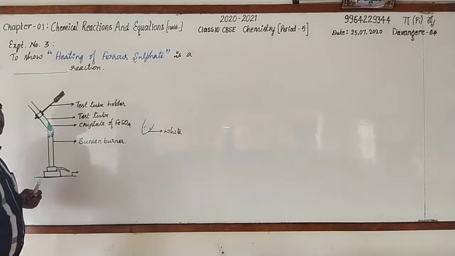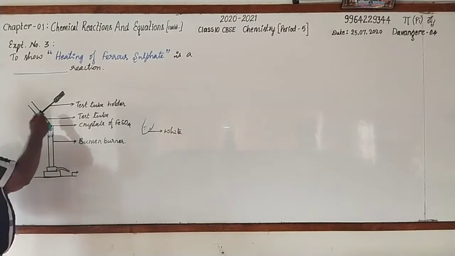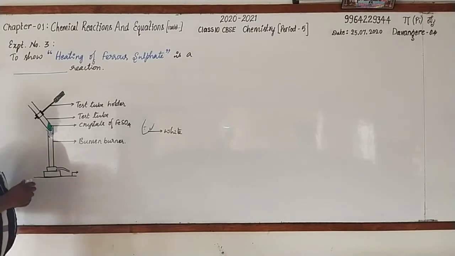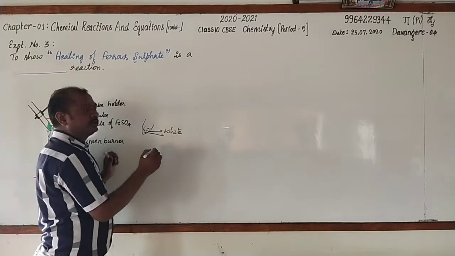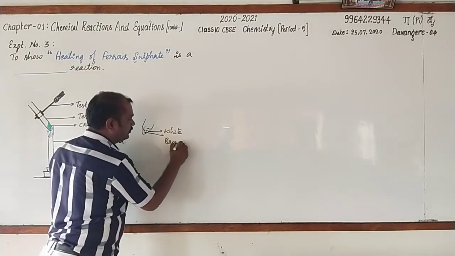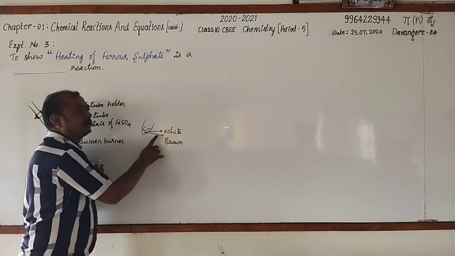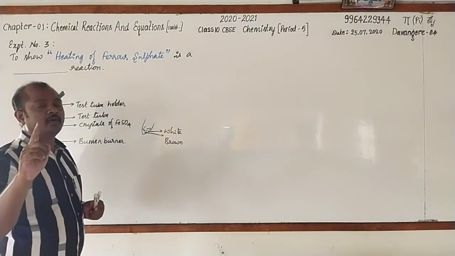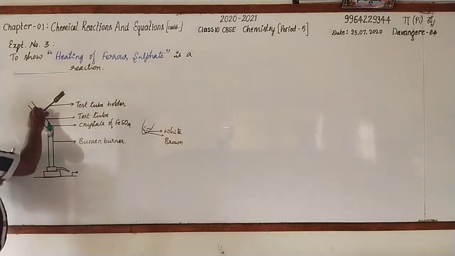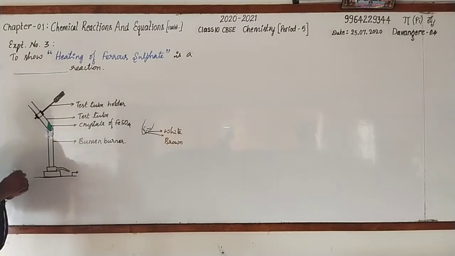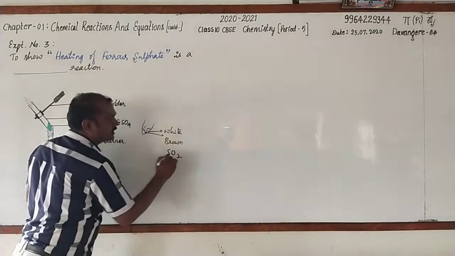Then when you continue to provide the heat, these white crystals will turn brown. Got it? And we call this brown residue ferric oxide. Followed? Then you can also observe fumes coming out, and these fumes are sulfur dioxide.